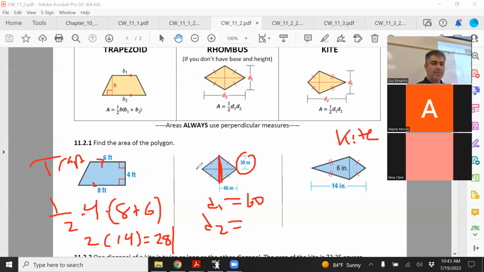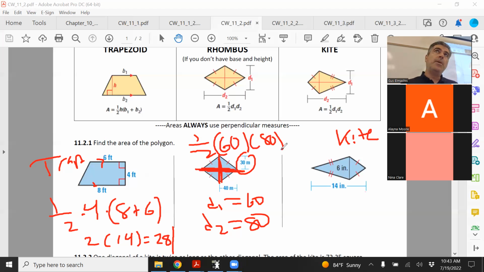The other diagonal, how long is this? 80, good. So that's all, right? It would have been actually kind of a cool problem if they gave you one of the sides and you had to use the Pythagorean theorem, but that's okay. We'll make this kind of easy. So 1/2 of 60 times 80, which should be 240.